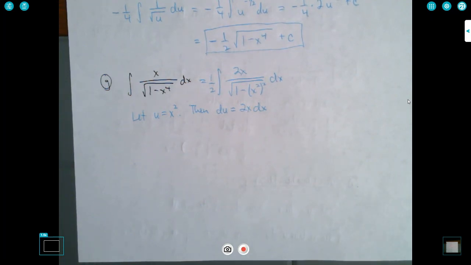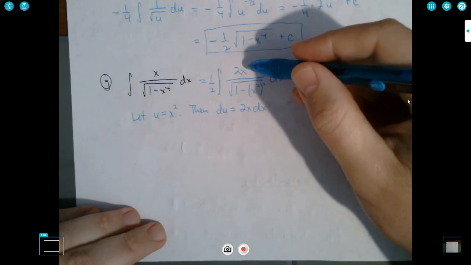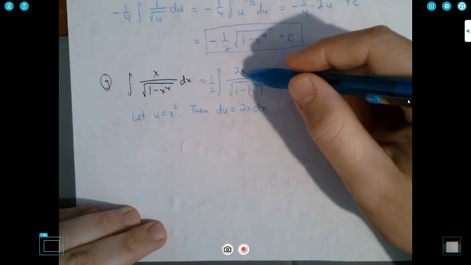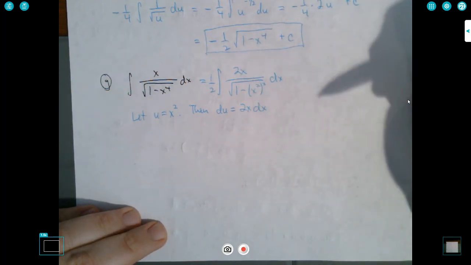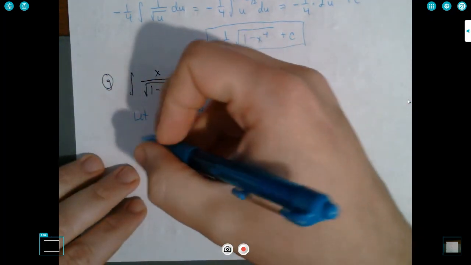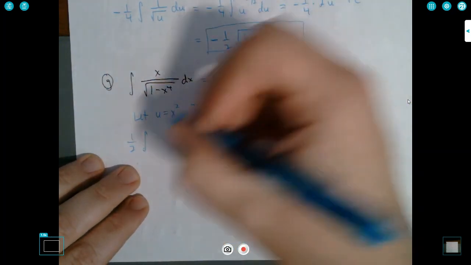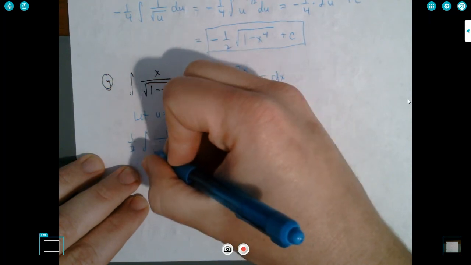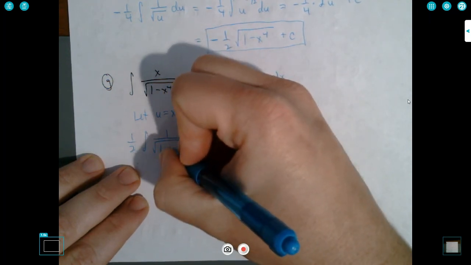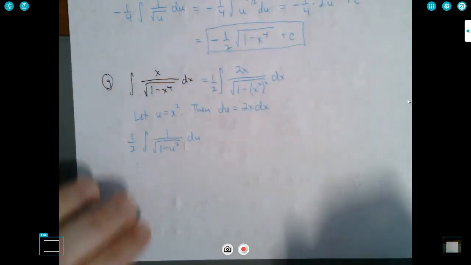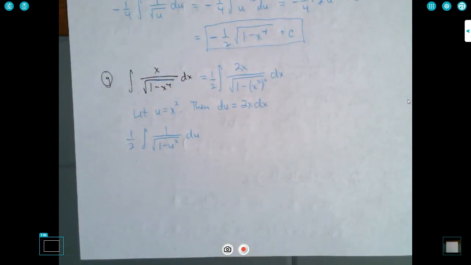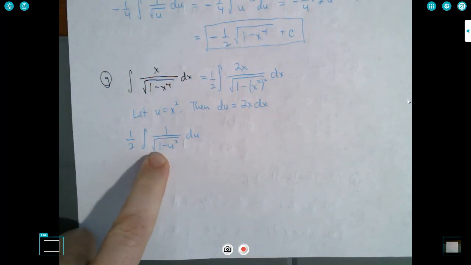I can replace the 2x dx with a du, and I can replace the x squared with a u. So I'm going to get 1/2 times the integral of 1 over square root of 1 minus u squared du. Well, in 1 over square root of 1 minus u squared, a in this case is just 1.